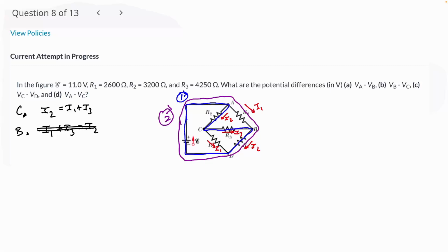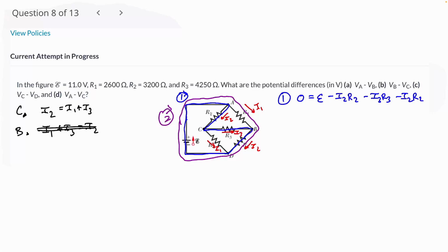All right, so let's do loop number 1. Starting at the battery, that's going to be a positive voltage minus I2R2 minus I3R3 minus I2R2. Why are they negative?